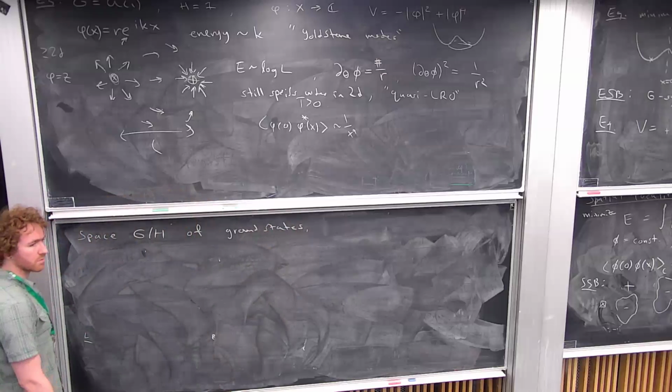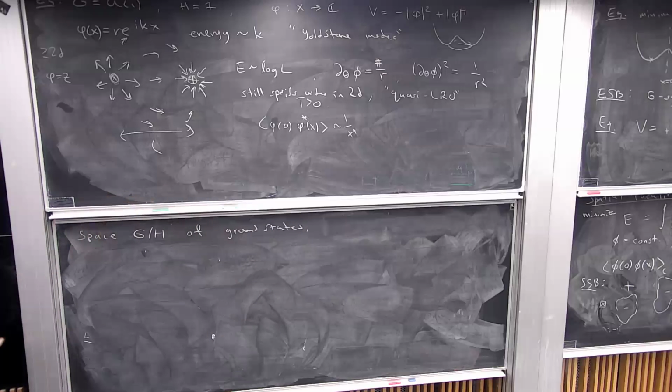If you have multiple orbits in the space of ground states, then you can find G-symmetric perturbations that will favor one orbit over the other.